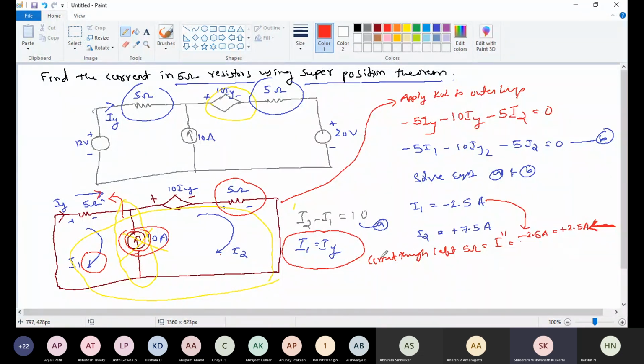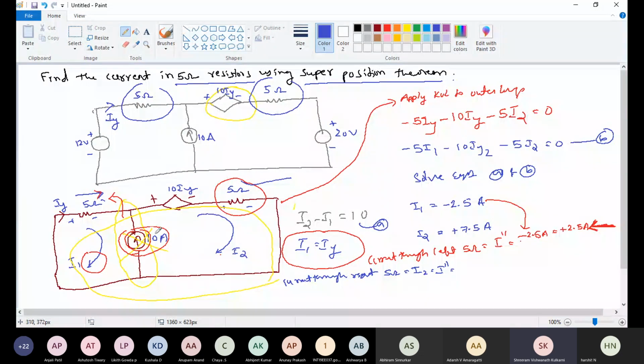Now the same for the current through the right side 5 ohm, which is I2, that is equal to I double dash.